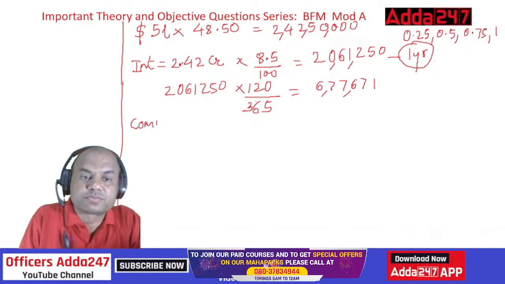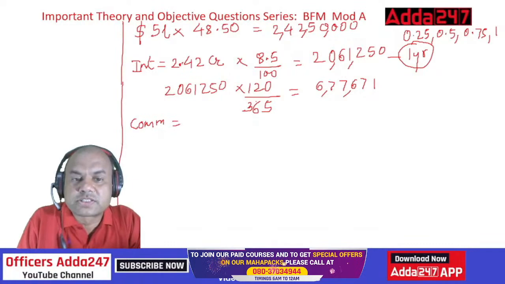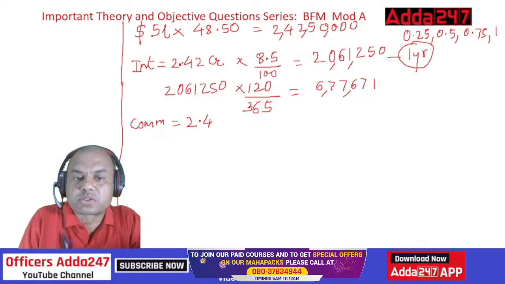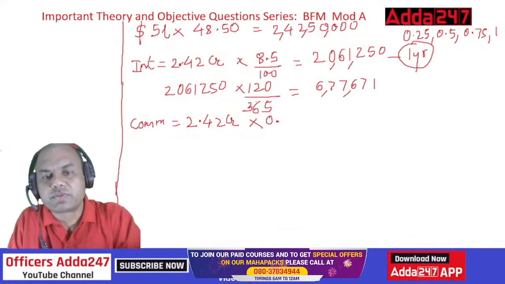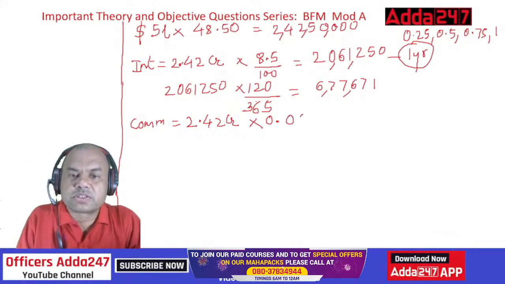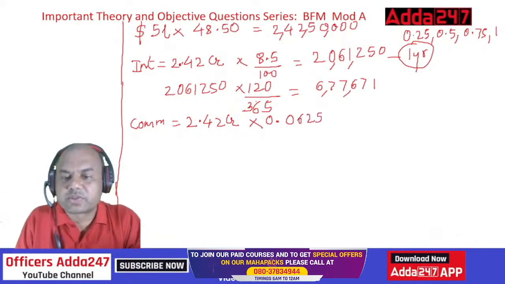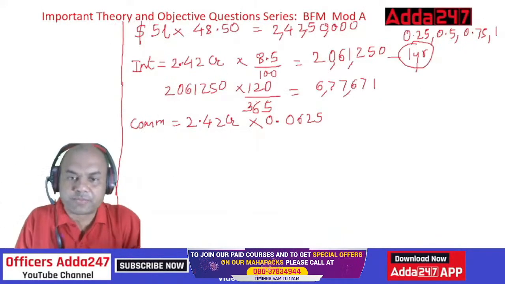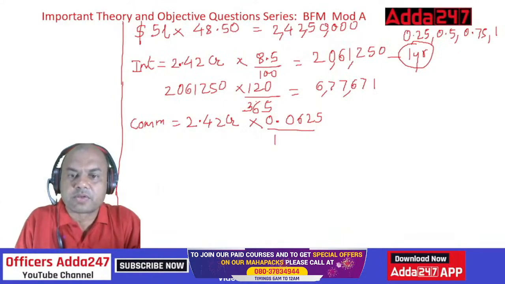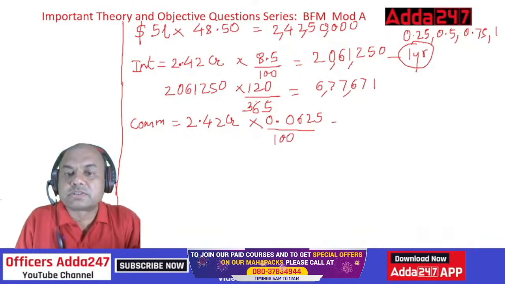Commission equals to this same amount again, 2.42 crores into 0.0625, right? This was the commission. 0.0625 upon 100, means upon 100. So what will be the answer now?